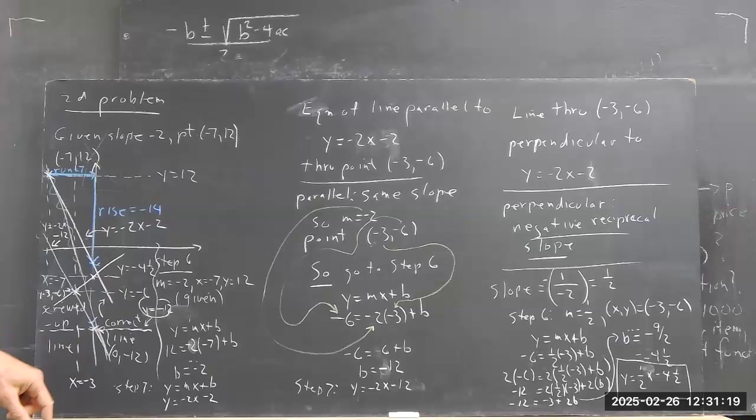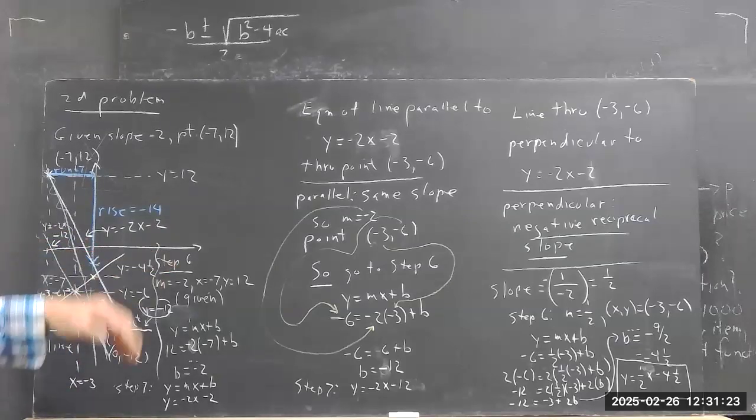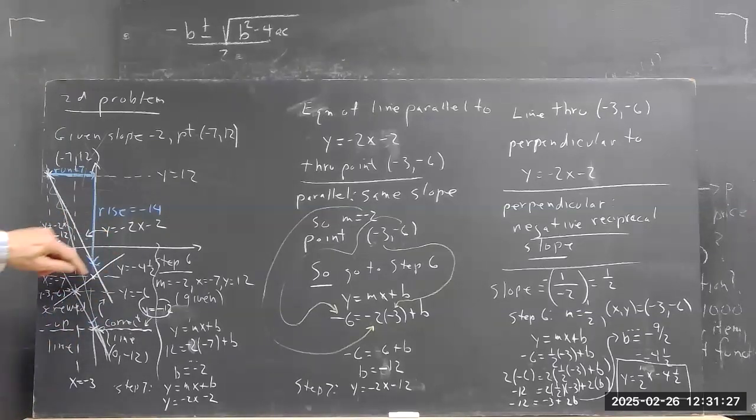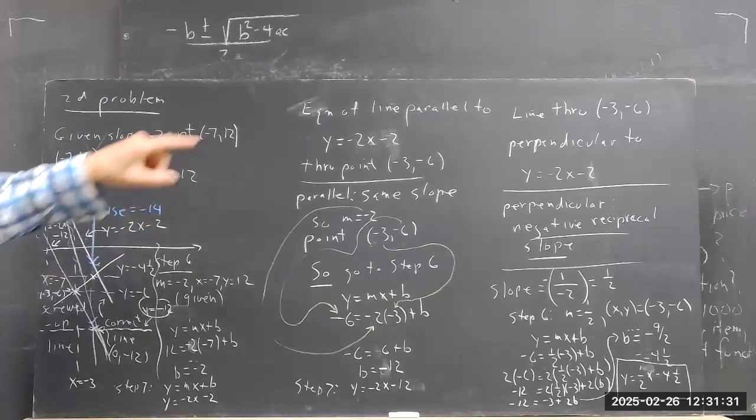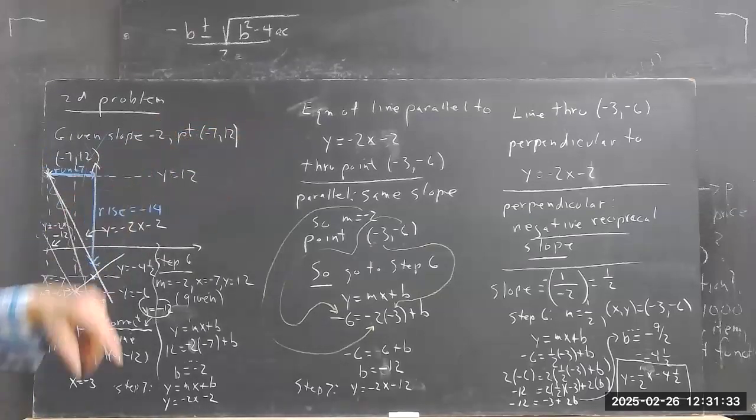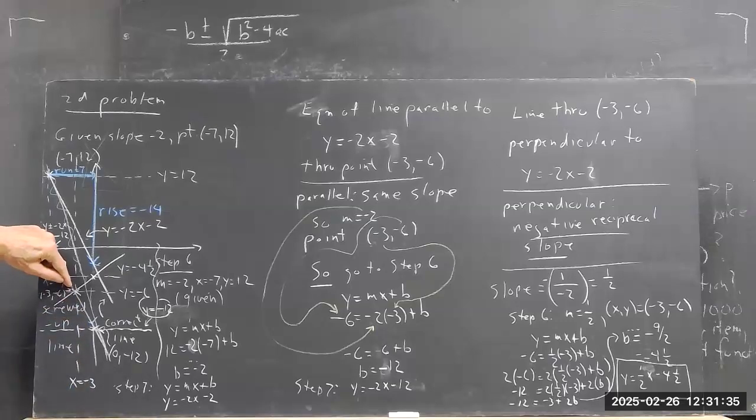So where's -4.5? Well, if this is 0 and this is 6, -4.5 might be about there. I think it should maybe be a little bit lower. But right there is the y-intercept. That's a point on the graph of this line. And -3, -6 is a point, so I can draw the line.